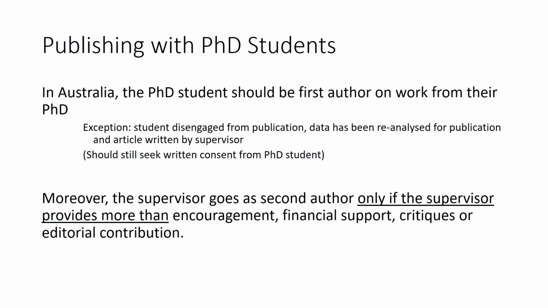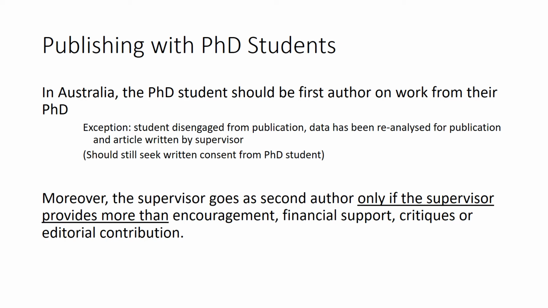Let's also look at some circumstances of authorship. The first is publishing with PhD students. In Australia, the PhD student should be the first author on work from their PhD. Now, there's really only one exception to that. It is that students who are totally disengaged from the publication process should be the second named author, not necessarily the first.